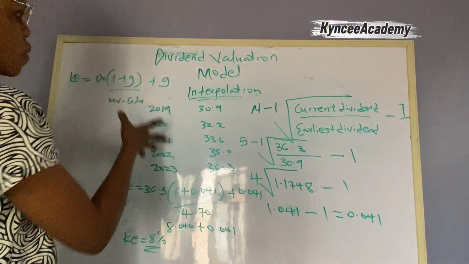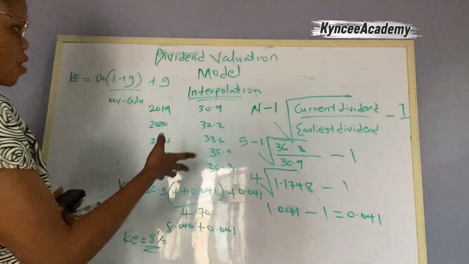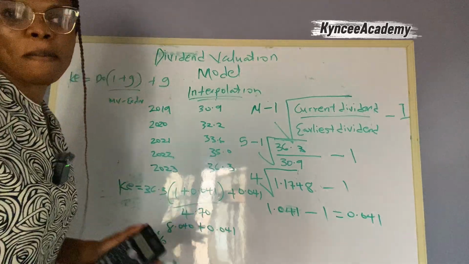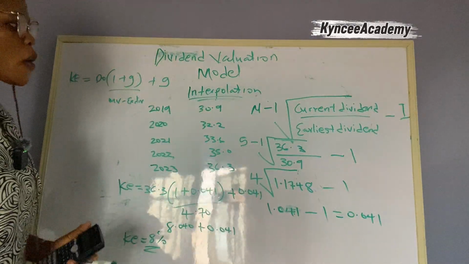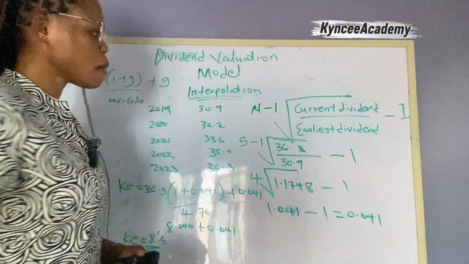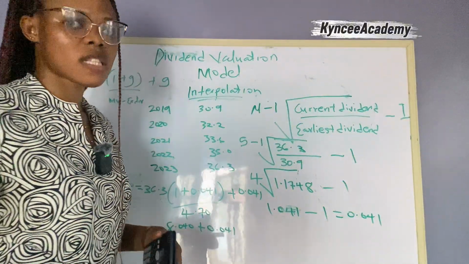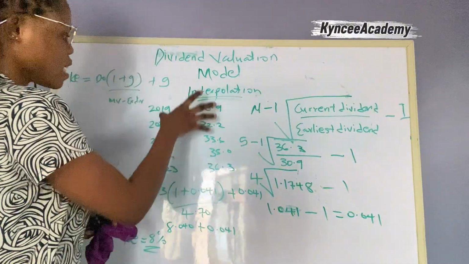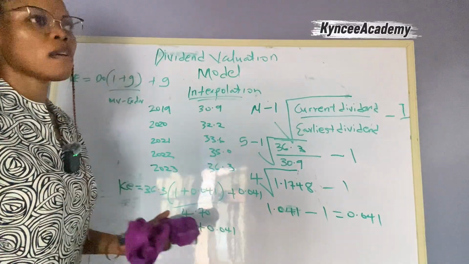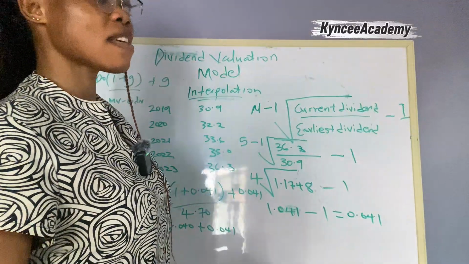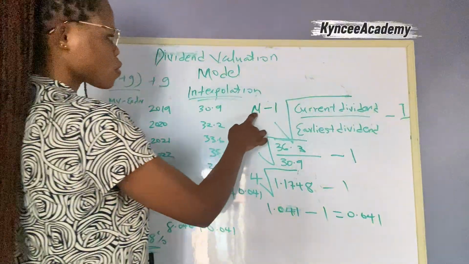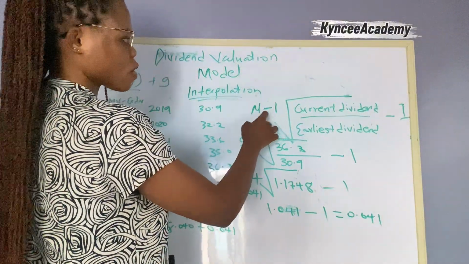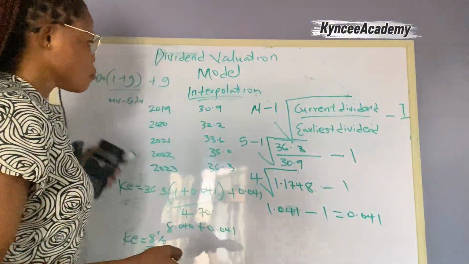This is when we use the interpolation. You can see the interpolation is not complex. Just know the formula and apply it. But in a situation where your growth rate is not listed like this, maybe you are given a constant dividend growth, you are not going to do n minus 1. You just put it like that and move on.